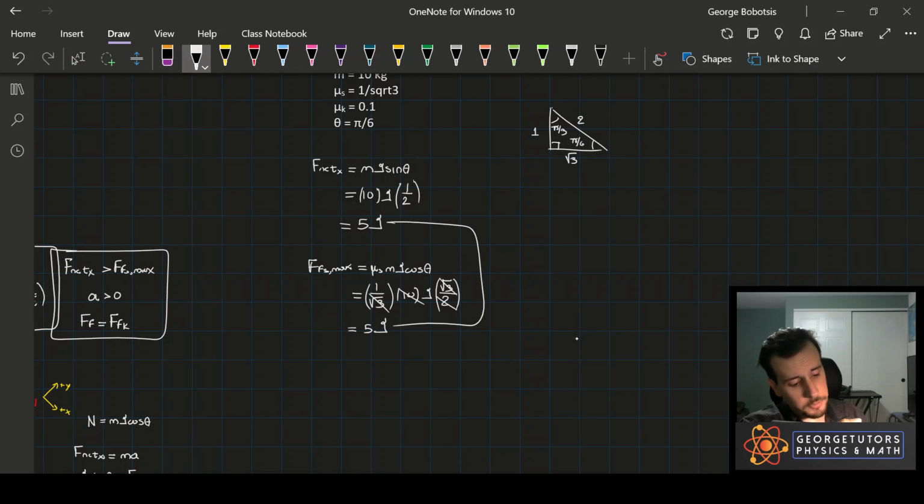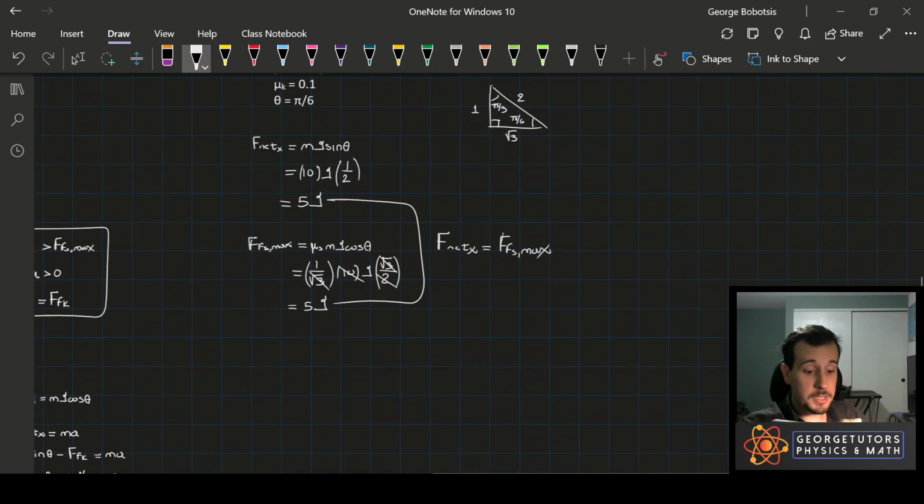And when you consider this right now, what happens when you're actually matching your static friction? Well, when you're matching your static friction, you're not going to move. There's going to be no acceleration, and the amount of friction that is being acted on the box is exactly equal to f net x, or in this specific case where the two are matching, it's equal to f_s max.